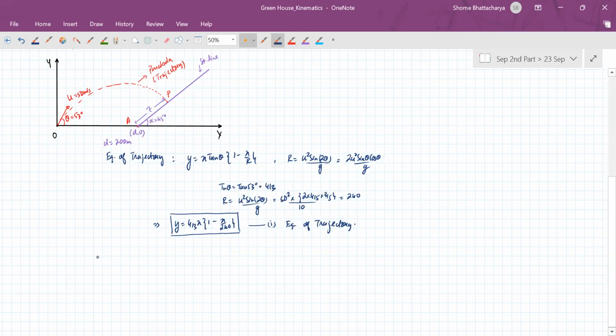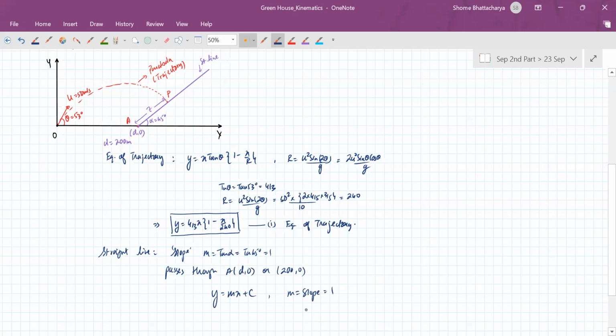So the straight line has a slope m of tan alpha, which is tan 45 degrees, so 1, and it passes through the point A, which has coordinates d comma 0, or 200 comma 0. So the equation of the straight line is of the type y is equal to mx plus c, where m is the slope, equal to 1.